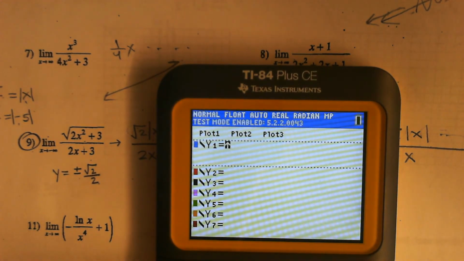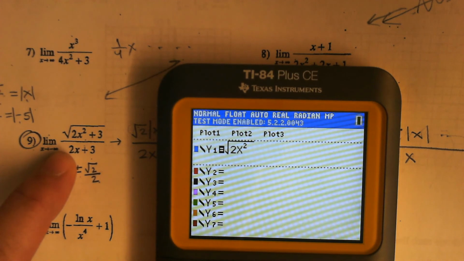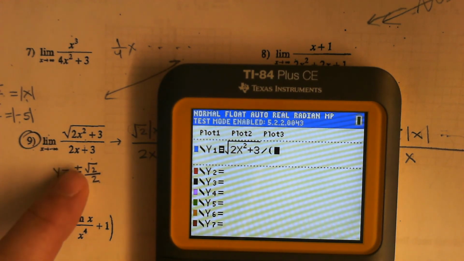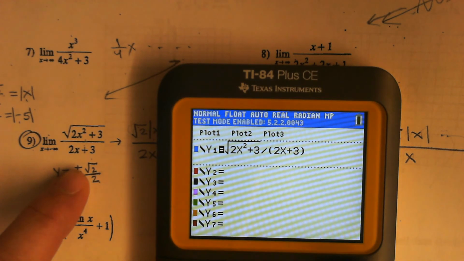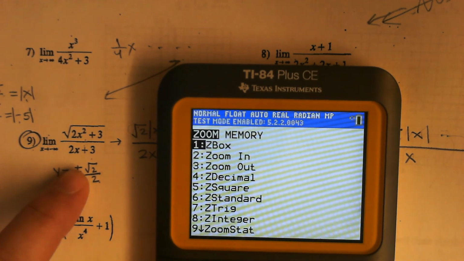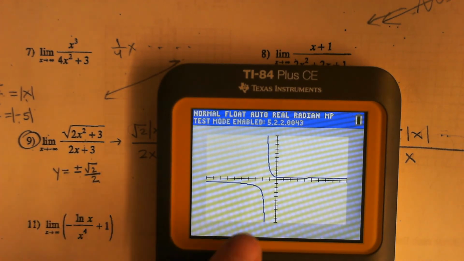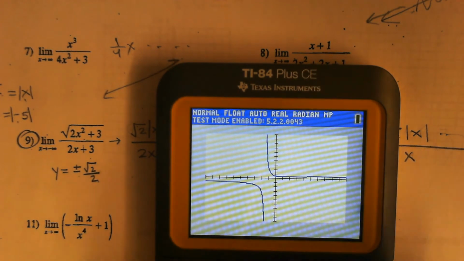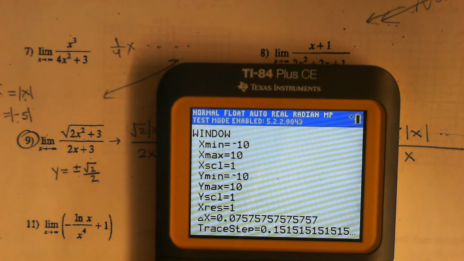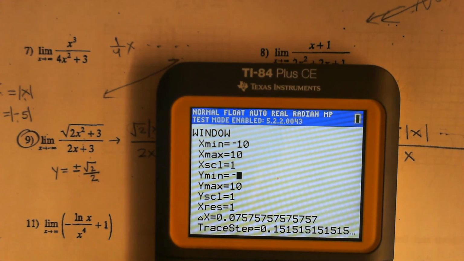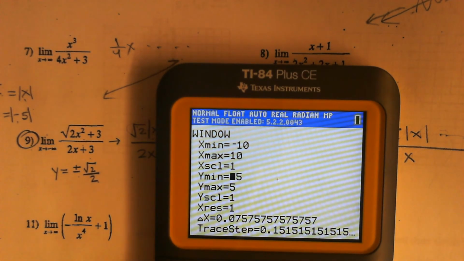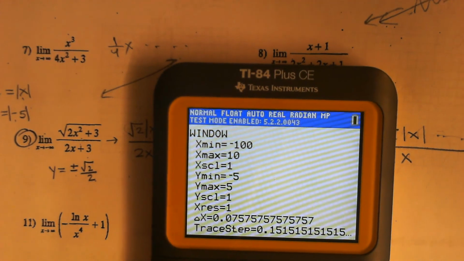Square root of 2x squared plus 3 divided by... So if I zoom 6 on something like this, you'll see as you go towards negative infinity, it's flattening out, and maybe this is a lot of wasted space, so I'm going to go on my window, I'm only going to go from negative 5 to 5, and then maybe I'll go from negative 100 to 100.